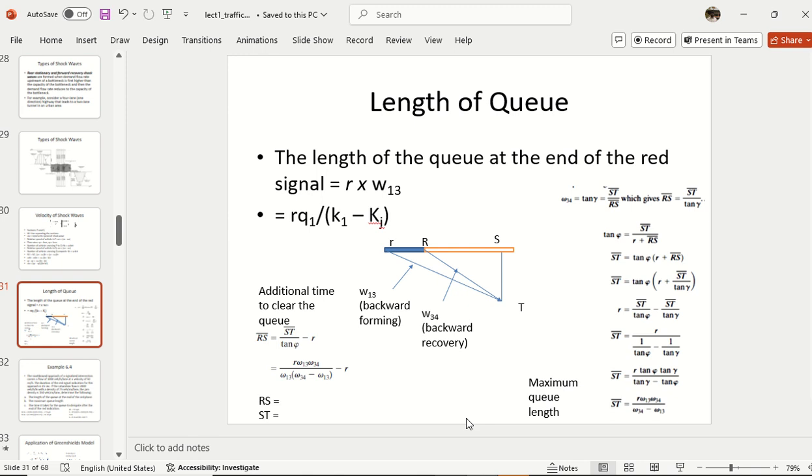W13 is 7.7. W34 is 26.7. 7.7, 26.7. After I show you the answer, then you will ask for the equation again, right? Yes. 15 seconds. The value speed mile per hour.